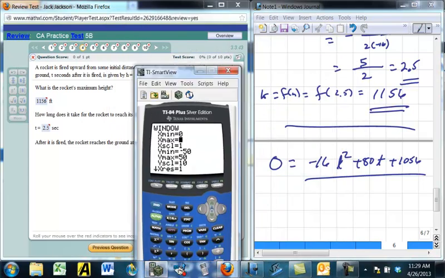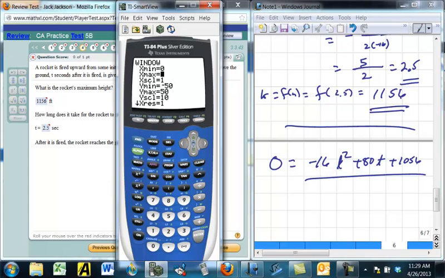Turns out it's going to be 11 seconds, but we didn't know that ahead of time, so we could just put in some number and try it out. Trial and error. Let's go 20 seconds. For y, just so I can see the intercept, I'm going to put negative 1, but really I should just start at 0. And then go up to, well, I've already figured it out: 1156 is the top, so let's go 1160. Maybe we need to mark it off in hundreds there.